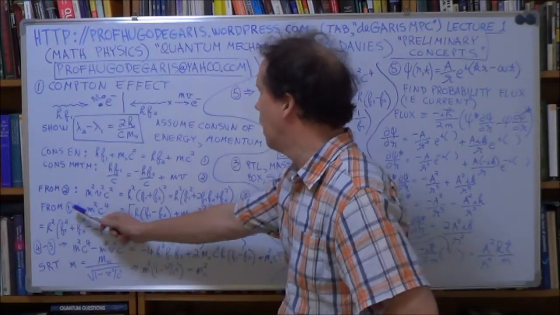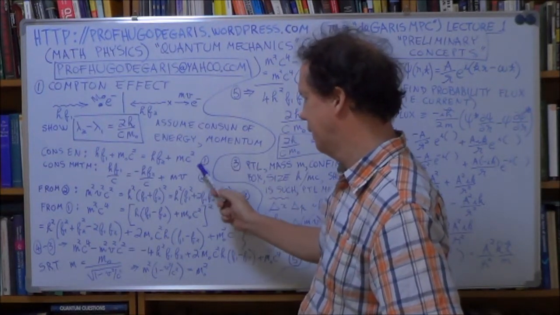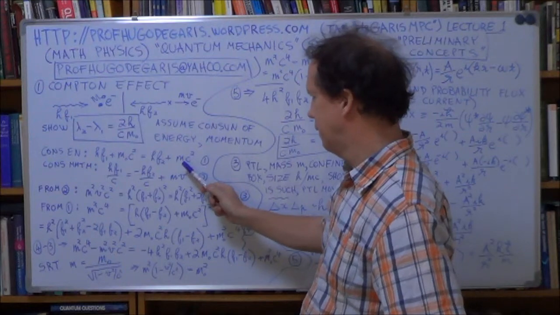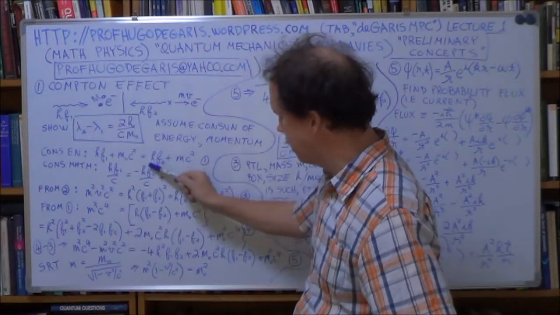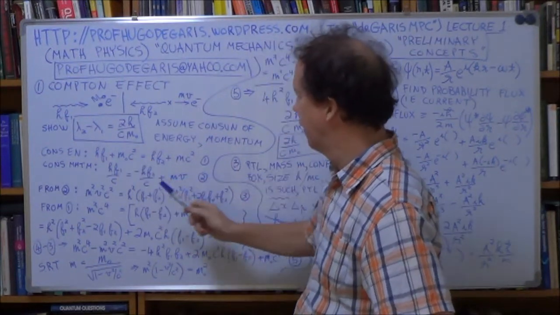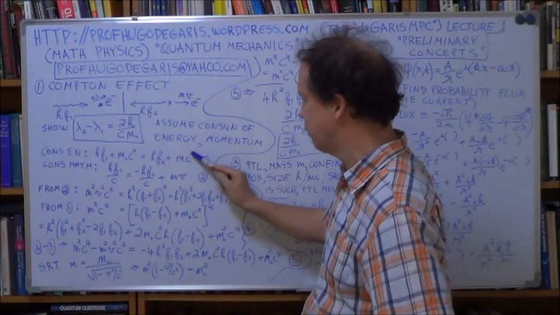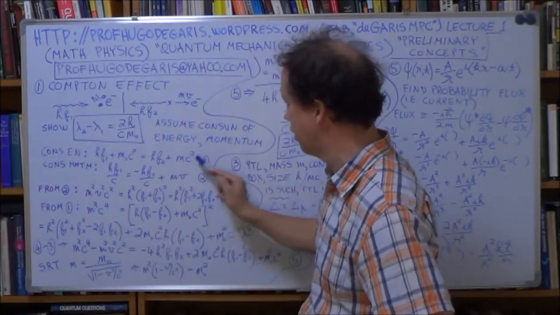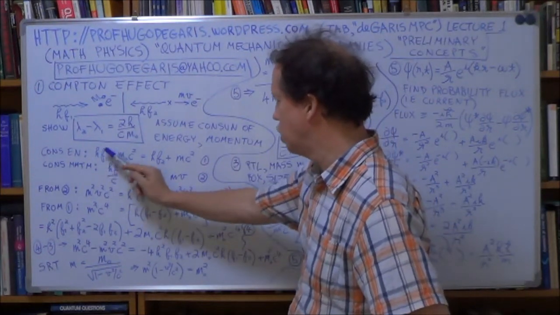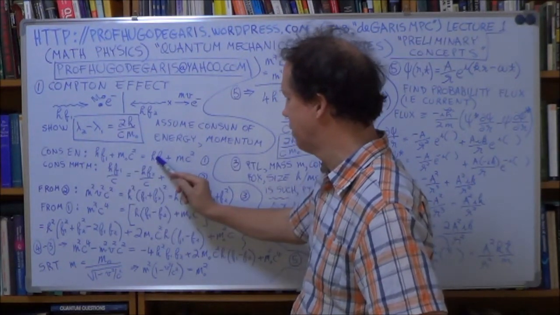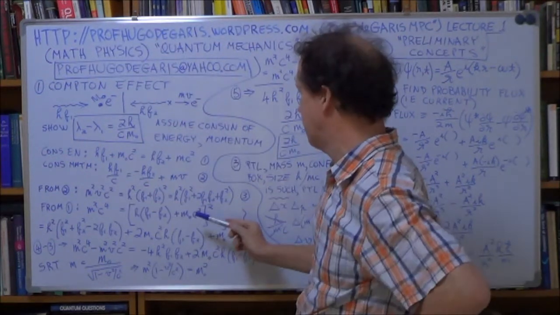Now from equation 1, that's this one here, take this hf2 term over, and then square both sides. So you get m squared c to the 4th, here it is here, right? You're squaring this, m squared c to the 4th. You'll get h into f1 minus f2 plus m naught c squared, and the whole thing is squared.